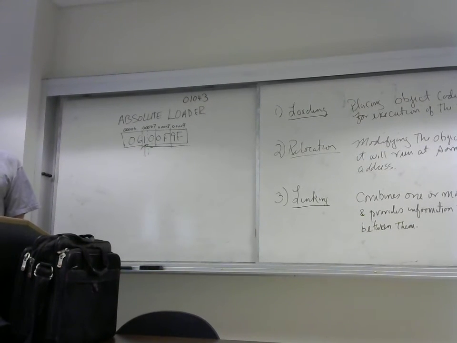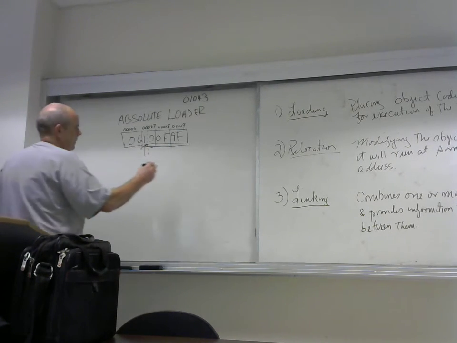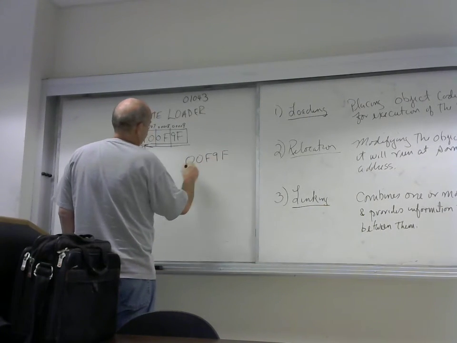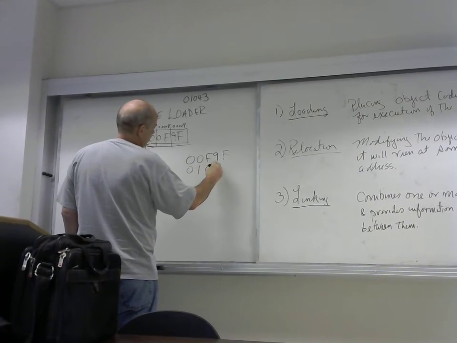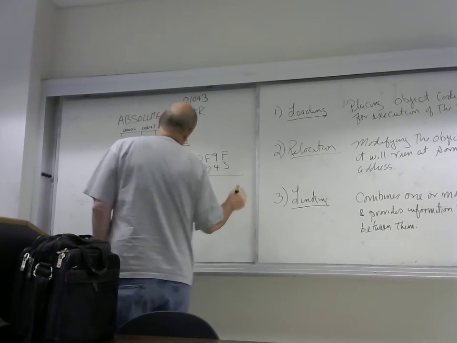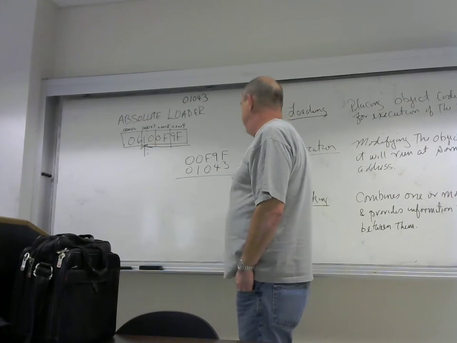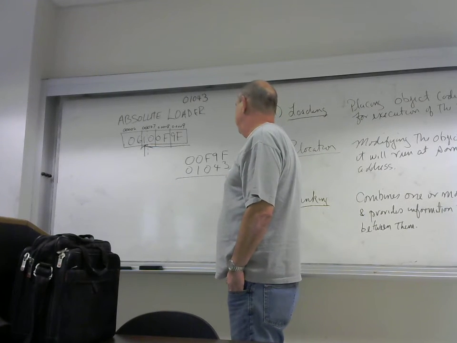So what now has to happen? How do we modify this? Add it. So we have 0, 0, F, 9, F, plus 0, 1, 0, 4, 3. After 3 is 18.